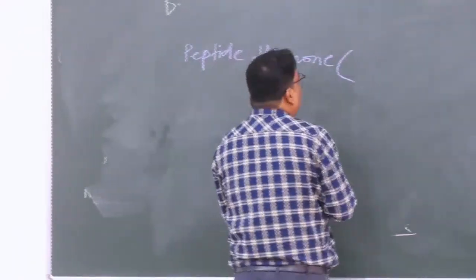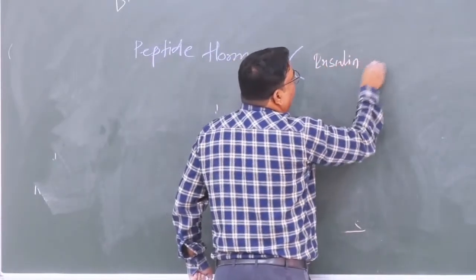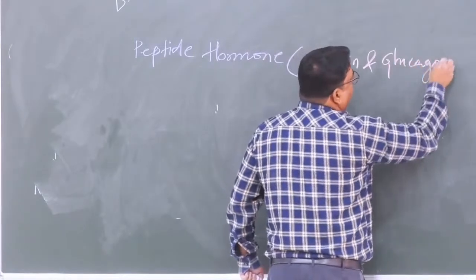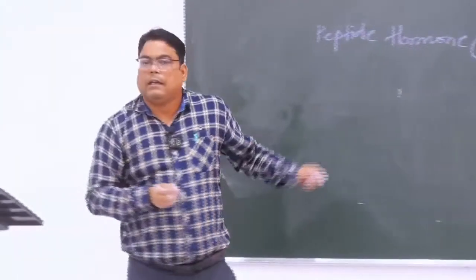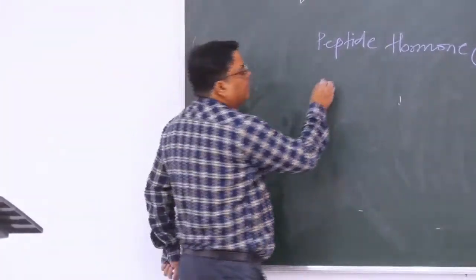Which one? Insulin and glucagon. Insulin and glucagon, because they are peptide hormones.